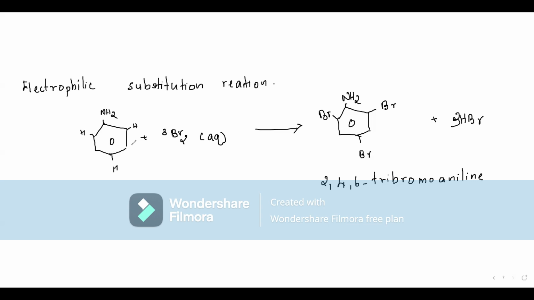We are removing those hydrogens and giving back Br plus. H plus is removed, Br plus is given back. So HBr is the byproduct. Name of the major product is 2,4,6 tribromo aniline, which is a white precipitate.